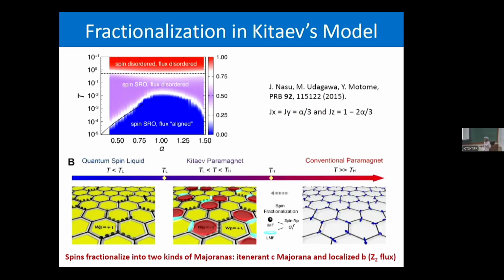In the ground state, we have a uniform flux order, and the Majoranas are moving around the honeycomb lattice and will give Dirac-like dispersion. At finite temperatures, there is a gap to these flux excitations, and therefore the flux begins to get disordered. And finally, at some high energy scale, the Majoranas all couple to become paramagnetic spins at high temperature. So there are two temperature scales at which different things are happening.